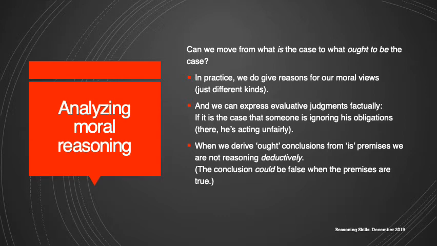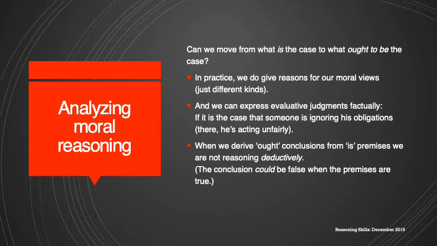It will remain the case that the conclusion could be false while the premises are still true. Evaluative conclusions, including moral and ethical conclusions, always retain some level of controversy.